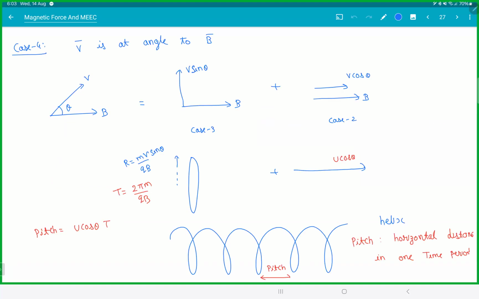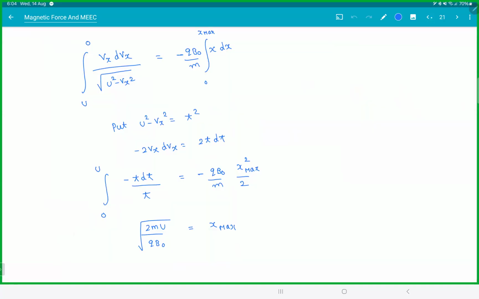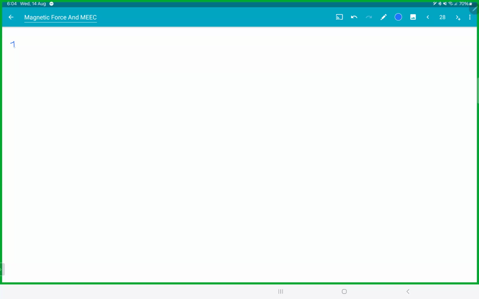Let's see a question on this. So this is X, this is Y. Magnetic field is B i cap, constant. Particle is projected with V at an angle theta. So this velocity is in the XY plane.